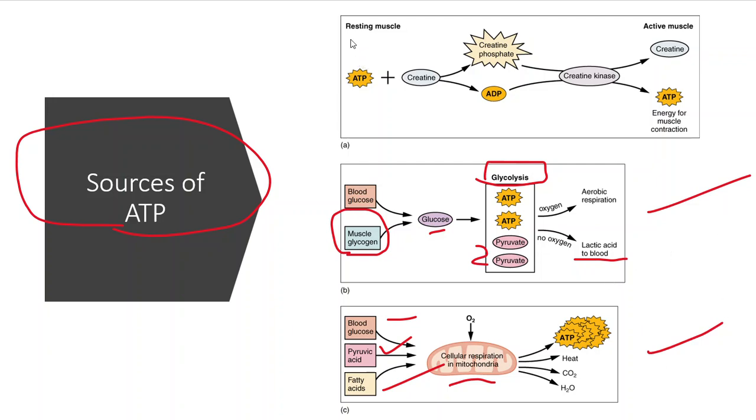Now, here's yet another thing. We can take ATP and creatine and we make it into creatine phosphate.